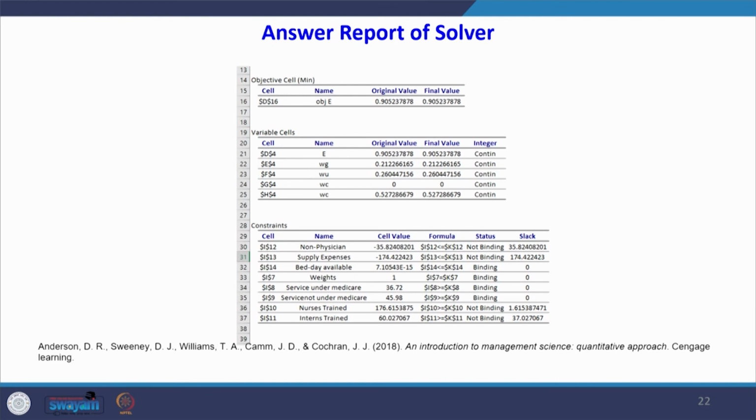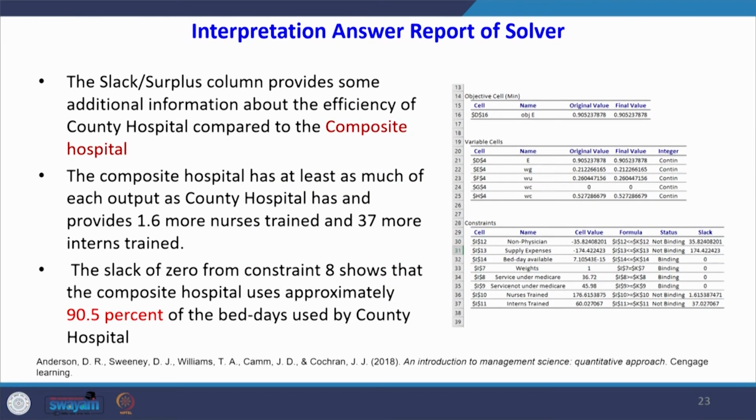Now, there are some slack variables there, and there are some surplus variables there. The value of E is 0.905. Now I will interpret this. The slack and surplus column provides some additional information about the efficiency of the county hospital compared to the composite hospital.